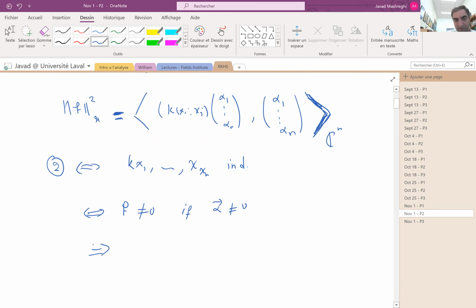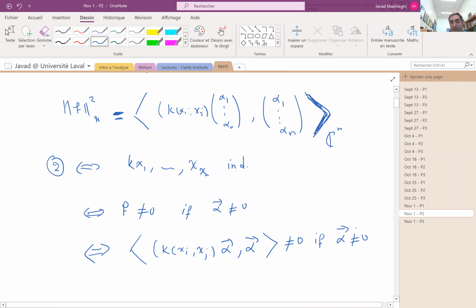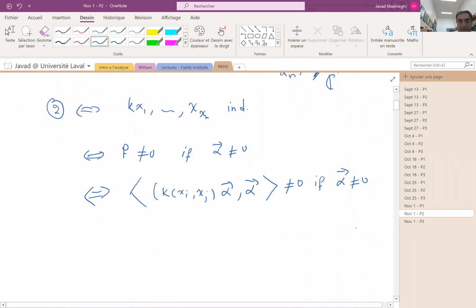And this is equivalent to saying that the norm of f is not 0 if alpha is not 0, based on the identity. Immediately, we see this is number 1. So 1 is equivalent to 2.